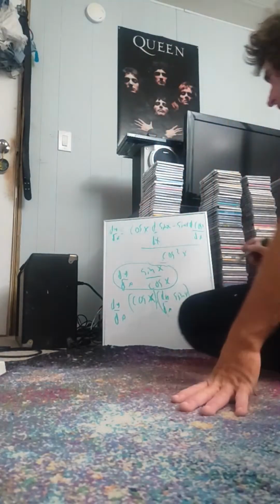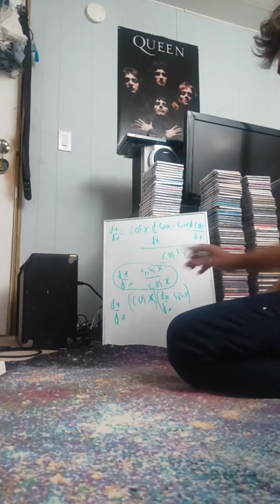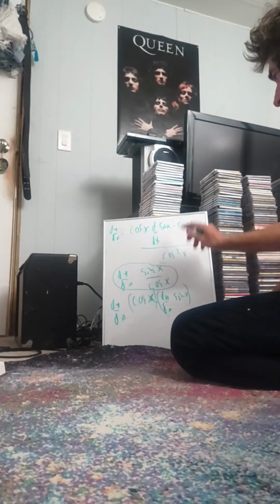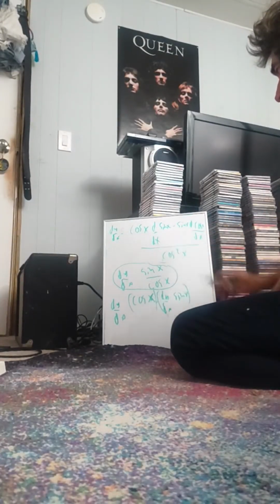That's the quotient rule applied to this. You take the bottom one, cosine x, times the derivative of the top one, minus the top one times the derivative of the bottom one, all divided by the bottom one squared.